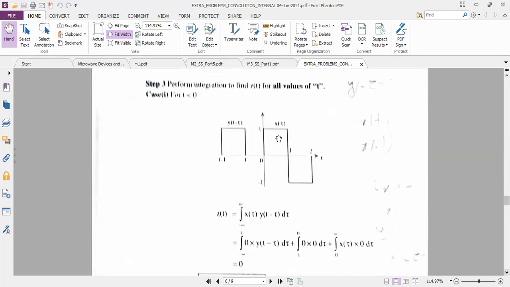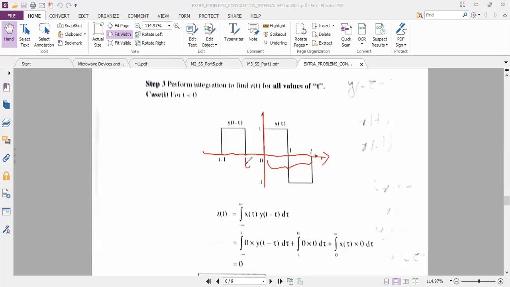So when t is less than 0, I can show the diagram together. Diagram together is very, very important, because from this diagram only you are going to shift it for the next condition. As usual, you draw x of t between 0 and 2, and your y of t minus tau.